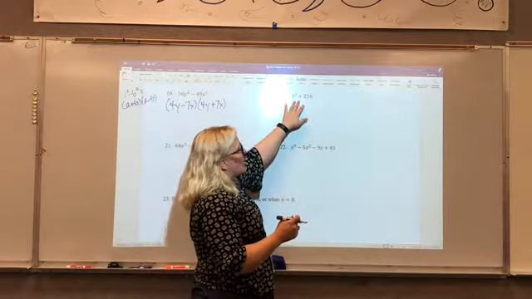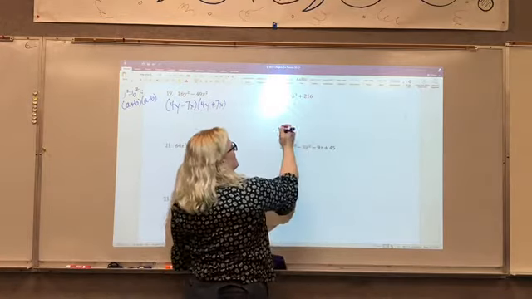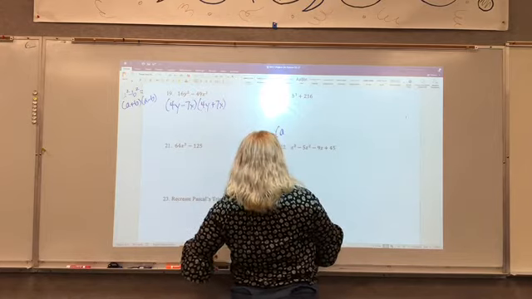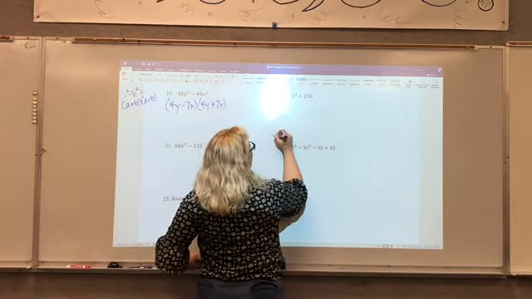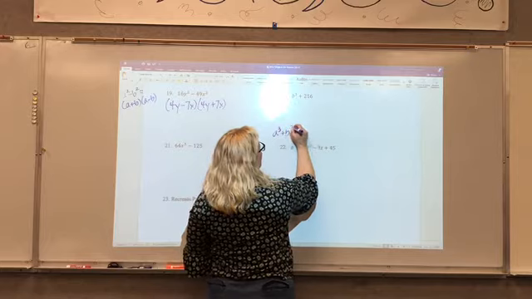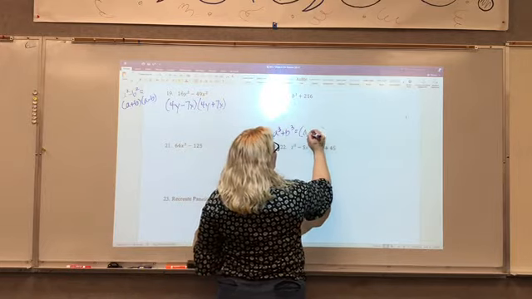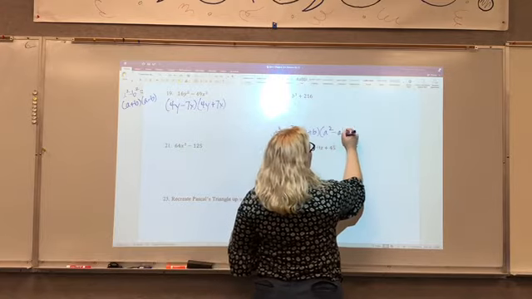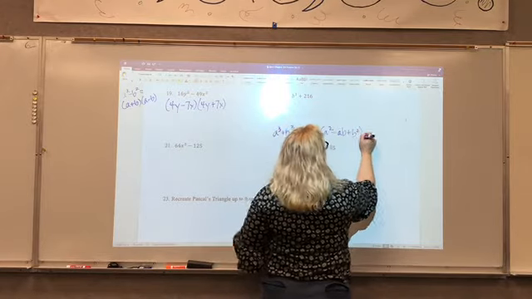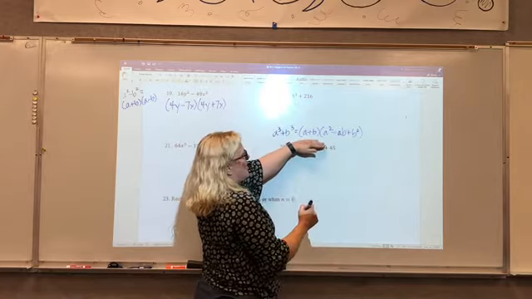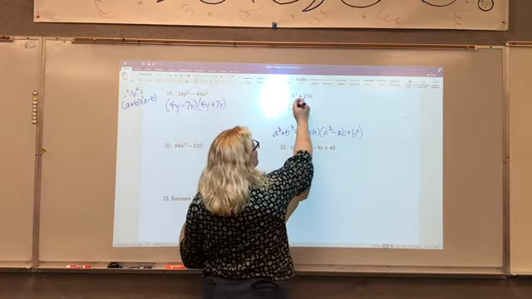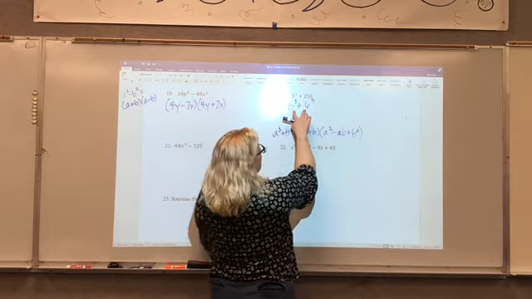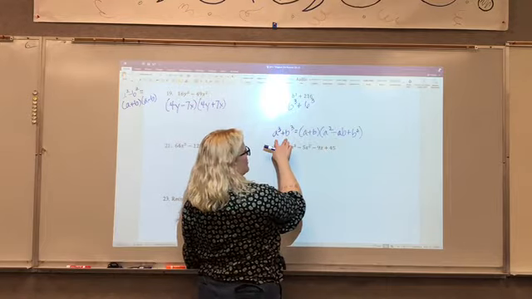Okay, over here, I'm using a cubed plus b cubed equals a plus b times a squared minus ab plus b squared. So I'm just using this formula. So this is b cubed plus 6 cubed, a cubed plus b cubed.